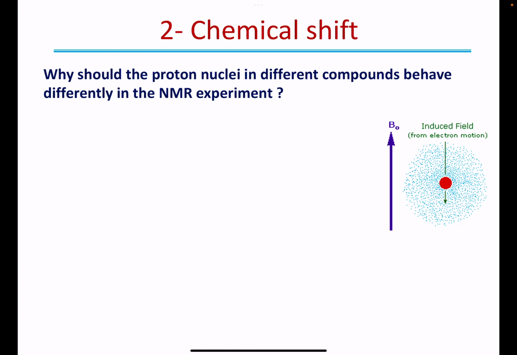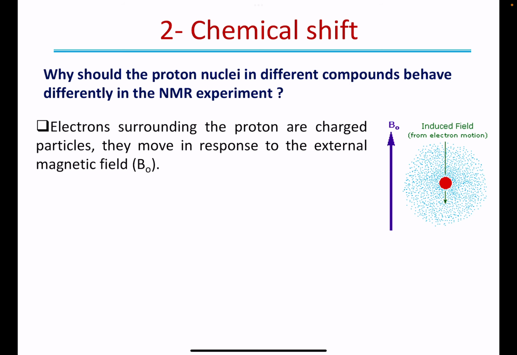And then there is the chemical shift. The chemical shift will give you more detailed information about the chemical environment of the particular proton that gave you the signal. So what is the chemical shift, and why should proton nuclei in different compounds behave differently in the NMR spectrum?